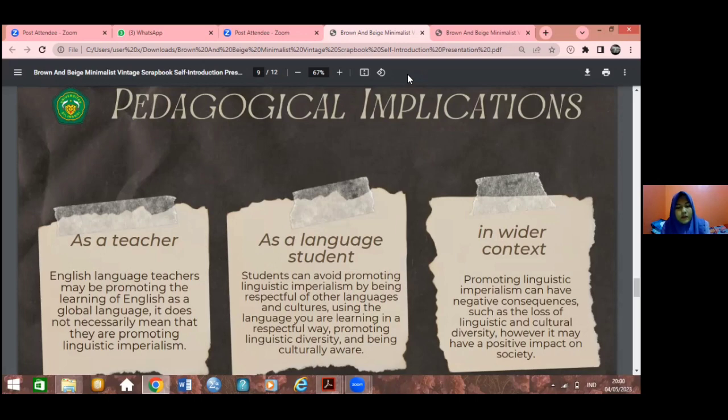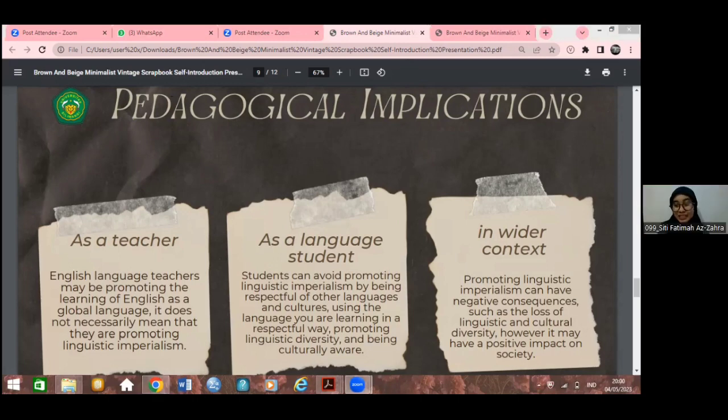Also, language imperialism can have wide-ranging implications for society as a whole. It is important to recognize and address the impact of language imperialism in order to promote linguistic and cultural diversity. I think that's all from me. I give it back to the moderator.